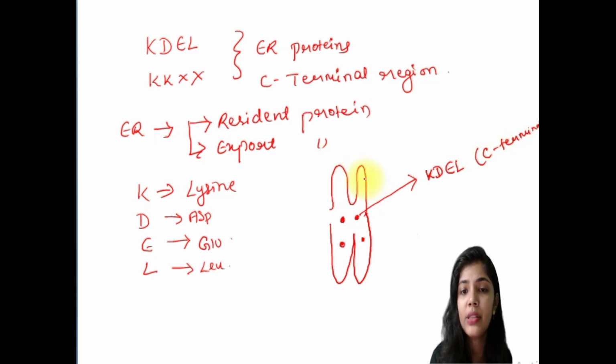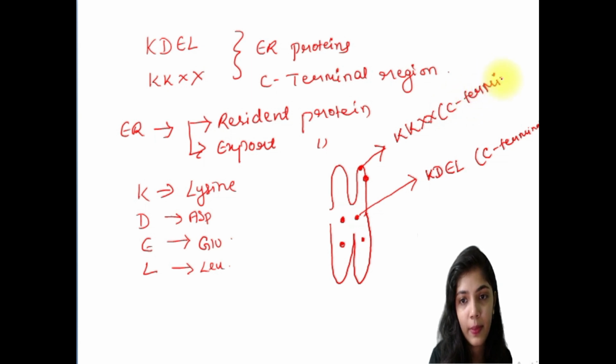There are some proteins which are present near the cytosolic face in the transmembrane. Here some of the proteins will be present, and these proteins will have the signal sequence of KKXX in the C-terminal region.